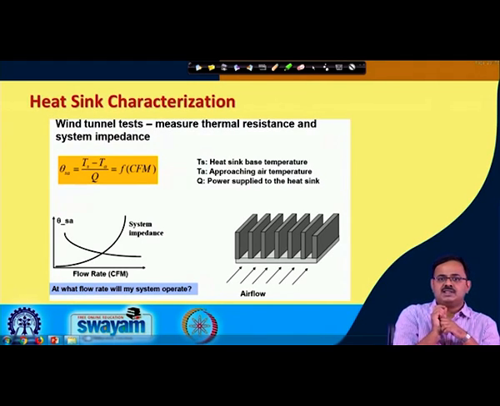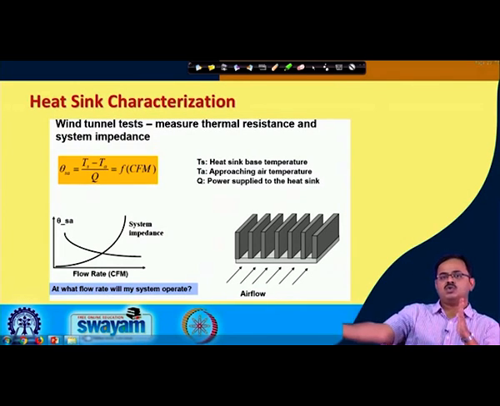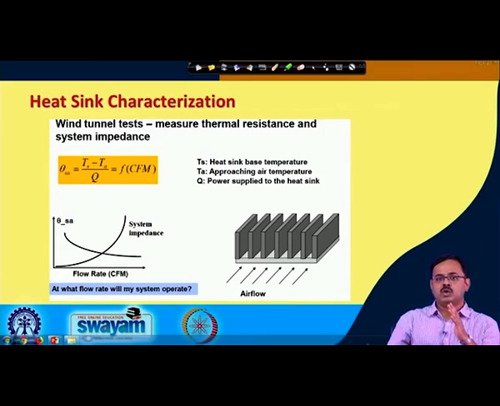The flow resistance is measured in terms of the pressure loss or pressure drop. So, air as it flows through a pipe has high pressure, and then at the other end, the pressure is lower. Why? Because it has lost energy in overcoming the resistance to flow.